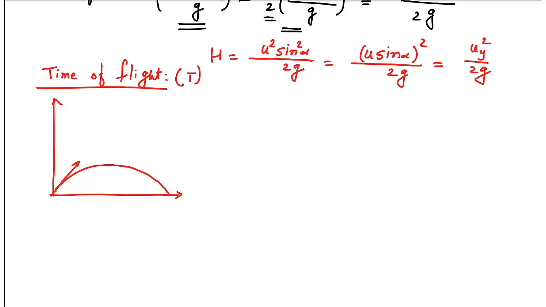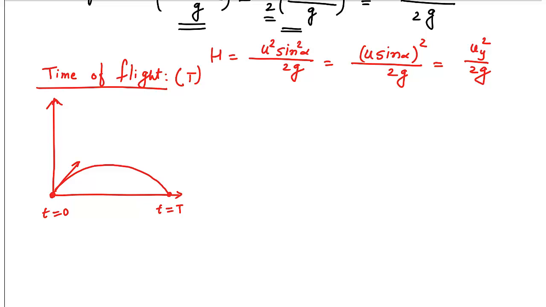So when we want to calculate time of flight, we can use the key idea: at one point of time, that is t = 0, this is at the origin, that is the y coordinate is 0. At again t = T, the y coordinate is again 0. This means there are 2 points of time when y is equal to 0.